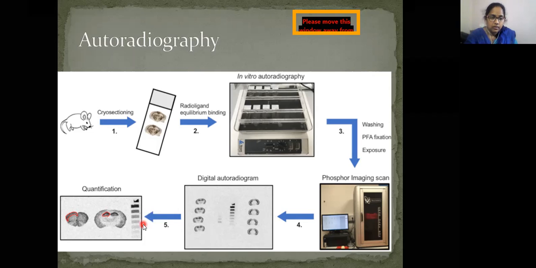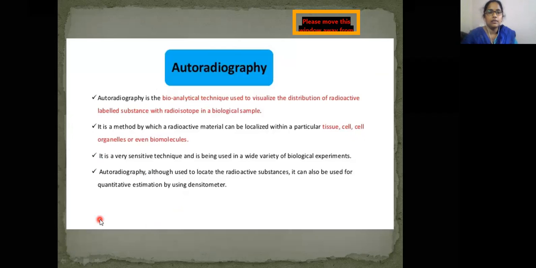Okay, so here they zoomed it, right? On zooming, wherever the isotopes are, you can see. Okay, so here we have the isotope, so the location can be traced out. Okay, autoradiography is the bioanalytical technique used to visualize the distribution of a radioactively labeled substance, labeled with a radioisotope, in the biological sample.